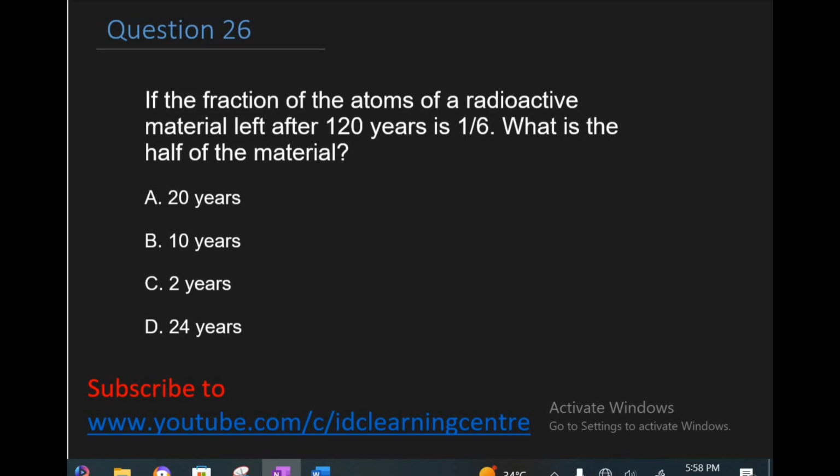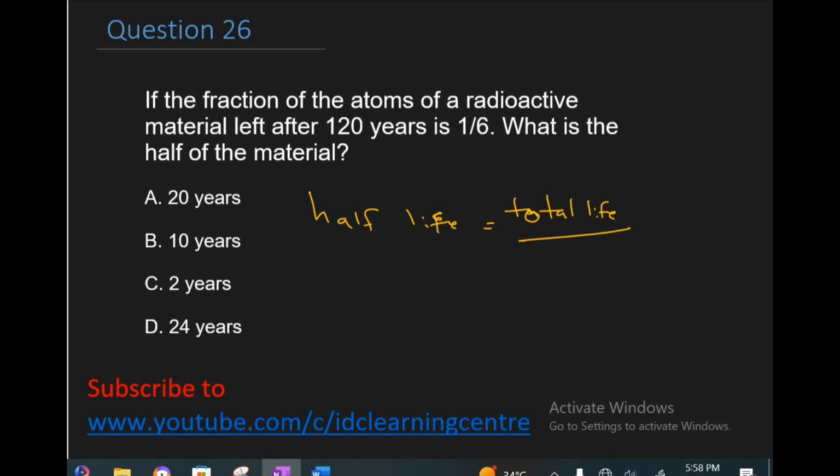Our half-life of a material is the total life divided by the stages.